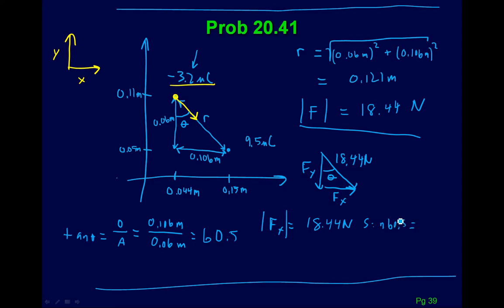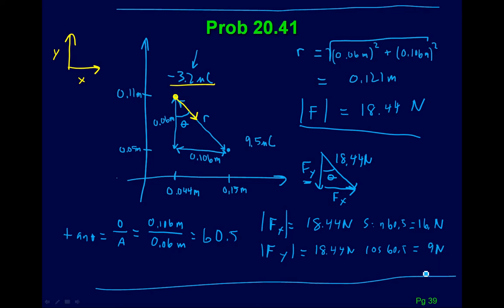When I punched that into my calculator, I got 16 newtons when I round up. For the magnitude of Fy, that's this guy over here, that's the adjacent side to the angle. So it would be 18.44 newtons times cosine of 60.5. And when I did that one, I got 9 newtons.